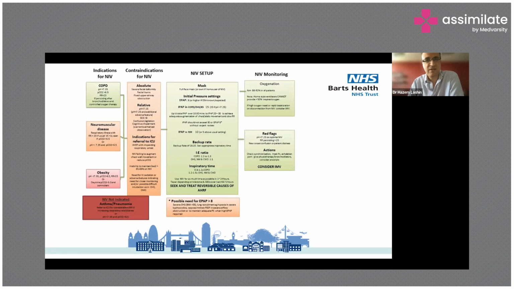So this is a very busy slide of the algorithm that the British Thoracic Society has suggested to follow in order to guide the management of acute hypercapnic respiratory failure and the use of NIV. So indications, as we said, COPD, neuromuscular disease, and obesity. Basically, if the patient is acidotic with a raised CO2 above 6.5 kilopascals, which is equivalent to around 49 millimeters of mercury, then NIV is indicated.